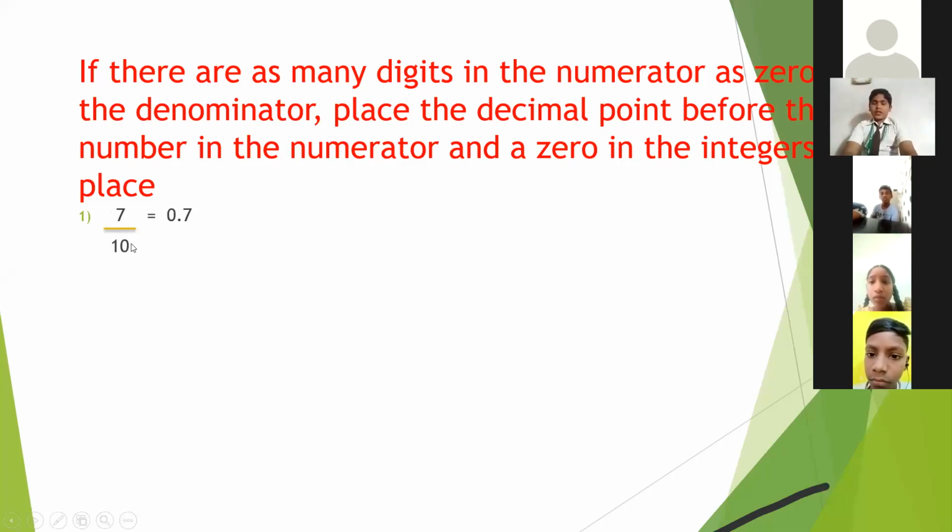But when you count the number of zeros, what do you get? 1 0 is in the denominator and one number, that is 7, is in the numerator.